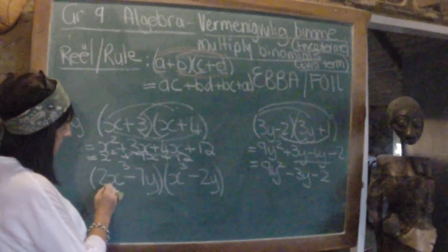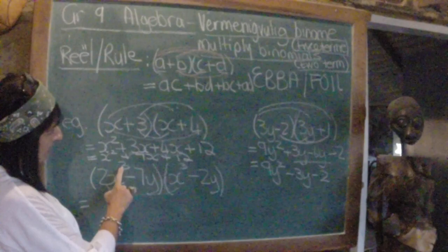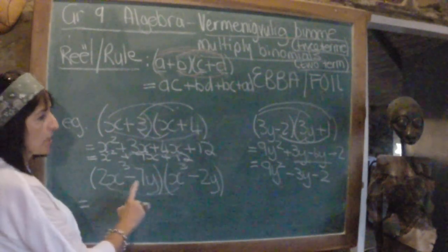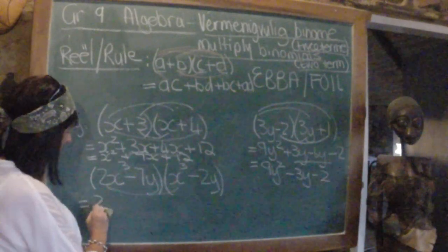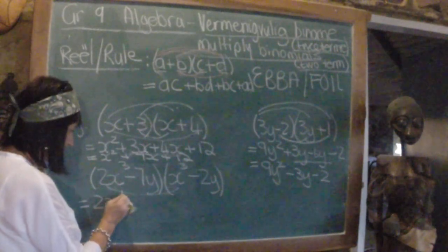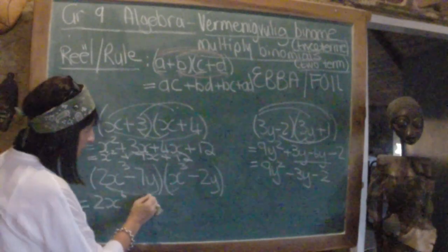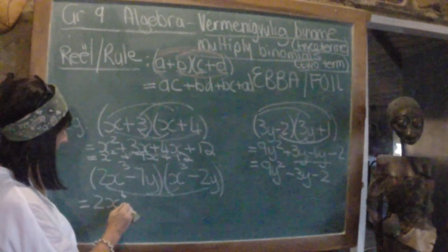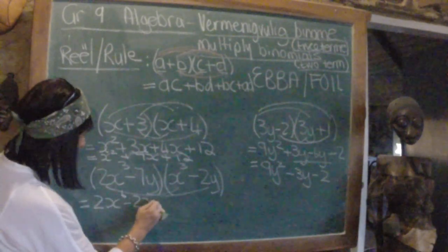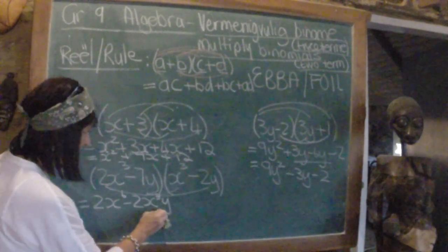Eerstes in Afrikaans, eerstes, 2x tot die derde mag, maal x tot die derde mag. Eksponentwette, 2 maal 1 is 2, x en ek plus my eksponente by mekaar. Dan het ons buitenstes, 2x tot die derde mag maal minus 2y is minus 2x tot die derde mag y.